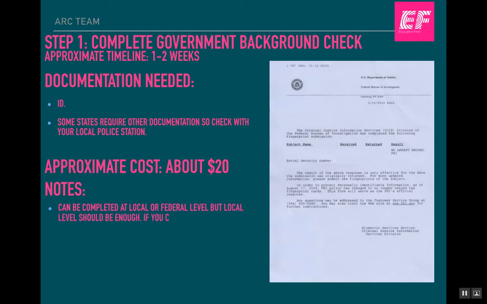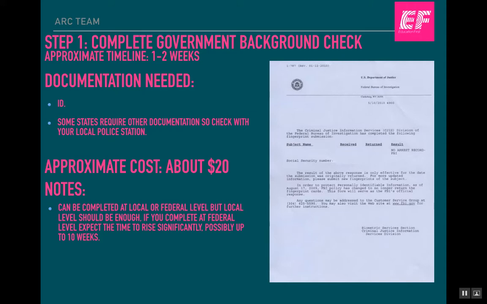But there are some things to note about this procedure in the US that are pretty much exclusive to the US. A criminal background record check can be conducted at a local and state level or at federal level, like a countrywide level. The local level should be enough for most cities. If you complete a federal check, it is more thorough, it checks the whole country, but it can take up to 10 weeks and it's significantly more expensive.